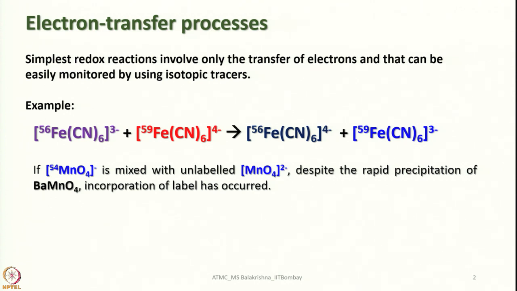For example, look into the example I have given here. We have taken two iron species, hexacyanoferrate 3 minus and 4 minus, and in both the cases iron is labeled, one is 56 iron and another one is 59 iron. When we allow electron transfer by mixing these two, what we get is 56 Fe(CN)6 4 minus, and then we get 59 Fe(CN)6 3 minus.